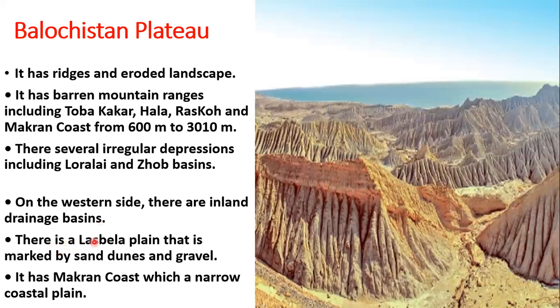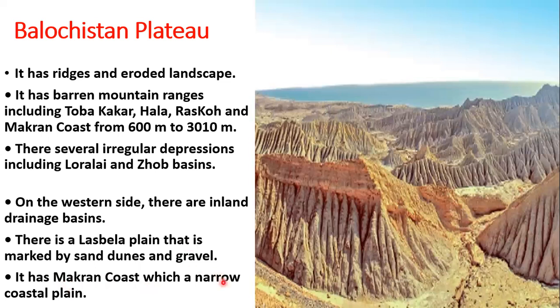Well, there is a Las Bela plain that is marked by sand dunes and gravels. The region of Las Bela is sandy, with fine dunes, meaning hollows in the mountains and the land.